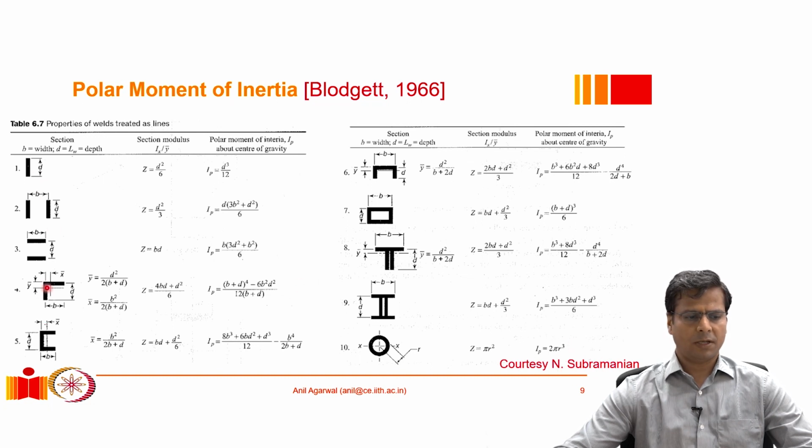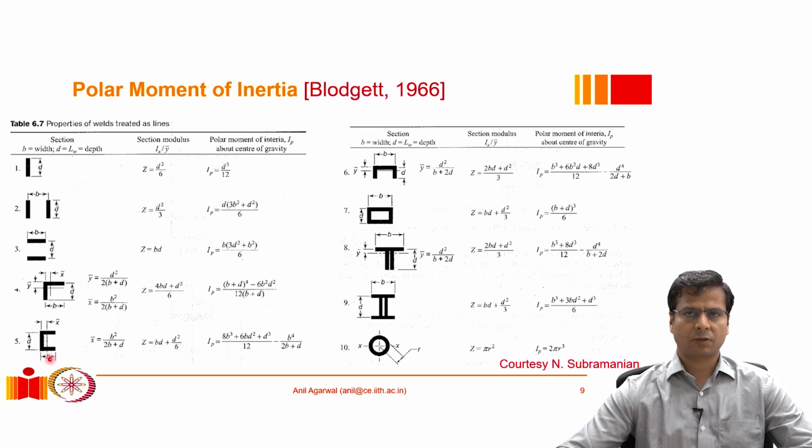For different commonly used weld shapes, weld geometries, it provides you the location of the neutral axis, if it is not obvious, if it is not symmetric, and also the polar moment of inertia and section modulus as well. So we can utilize these to calculate some of these critical properties. So the section, the shape that we are talking about resembles this one, number 5 here, right? So this is how our weld shape was.